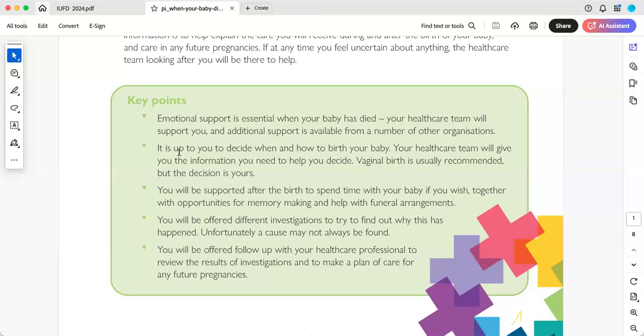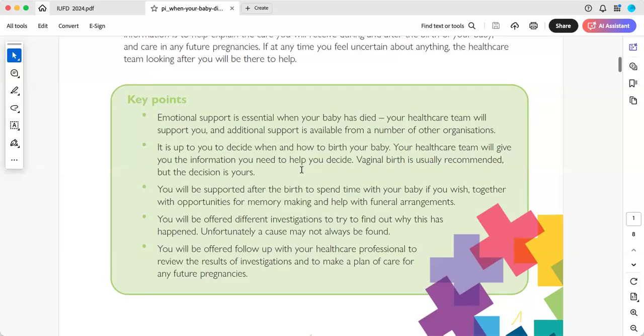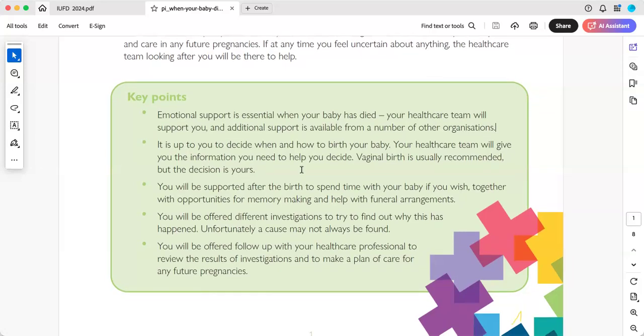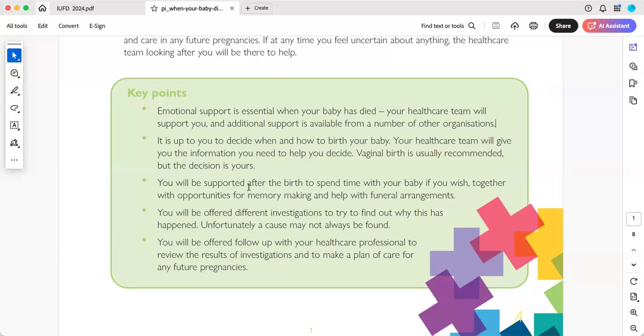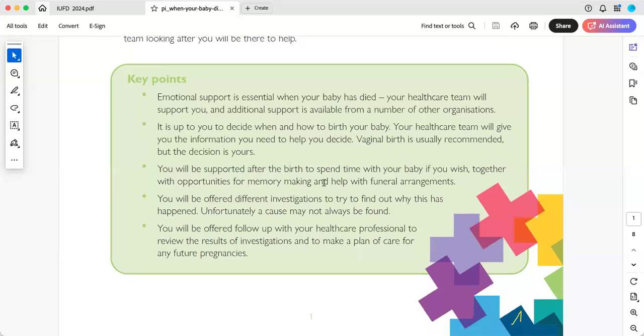It is up to you to decide when and how to birth your baby. Your healthcare team will give you the information you need to help you decide. Vaginal birth is usually recommended, but the decision is yours. You will be supported after the birth to spend time with your baby if you wish, together with opportunities for memory taking and help with funeral arrangements.